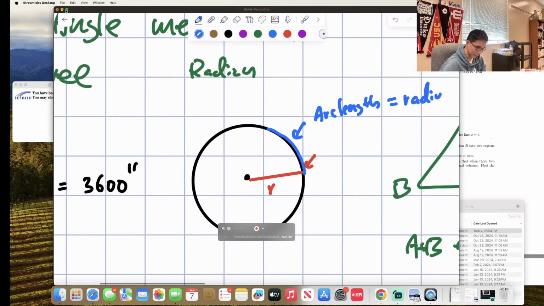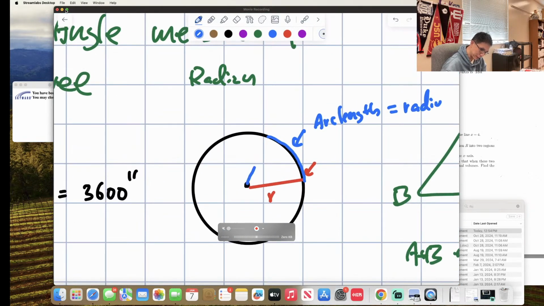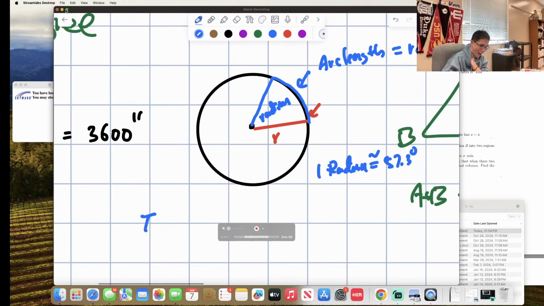Okay. This opening here is known as 1 radian. So 1 radian is equal to 57.3 degrees, roughly. But you guys already know something. You know pi radian is equal to 180 degrees.